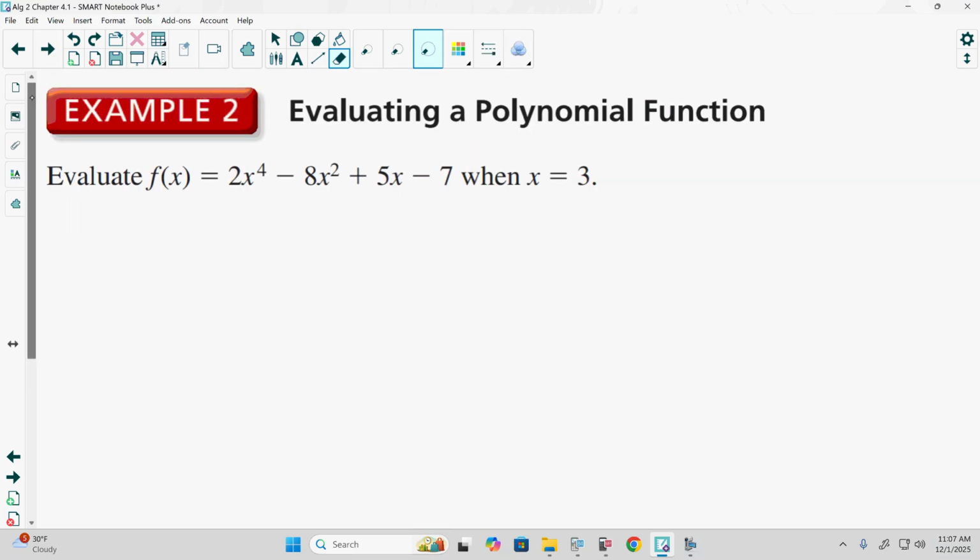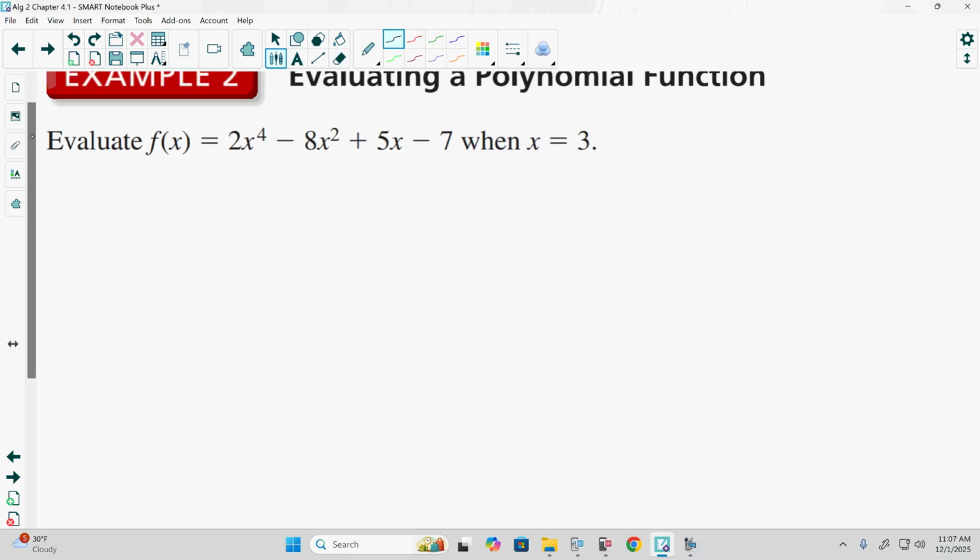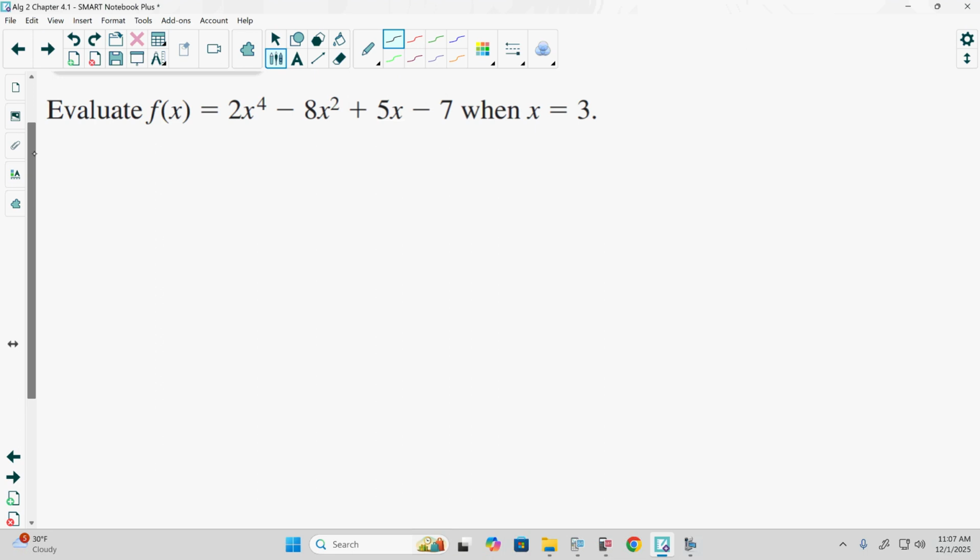Evaluate f of x equals 2x to the fourth minus 8x squared plus 5x minus 7 when x is 3. These should be the ones that y'all like to do.